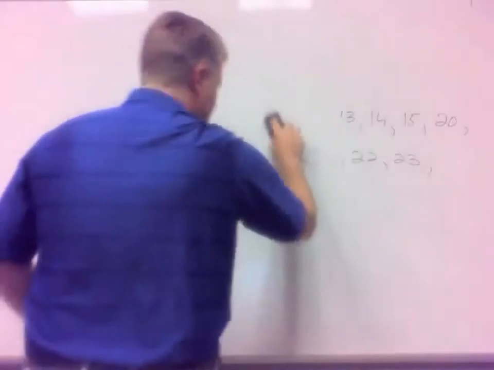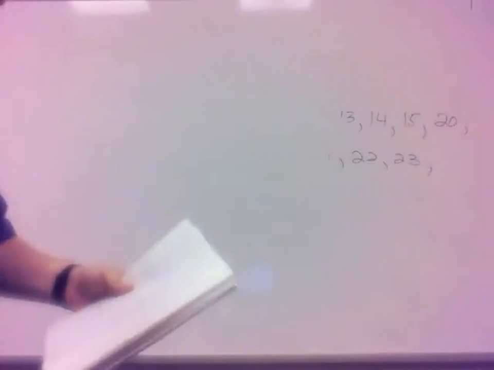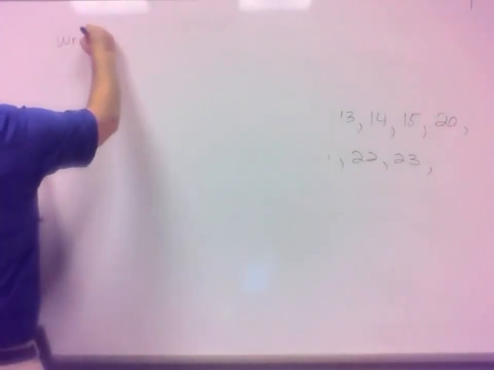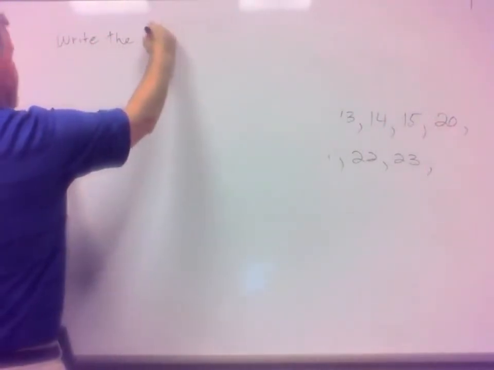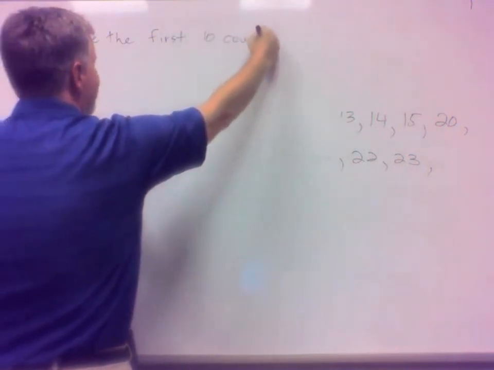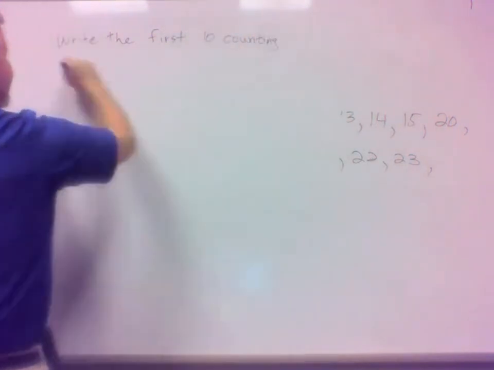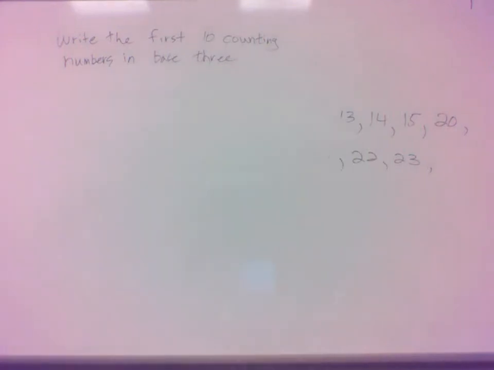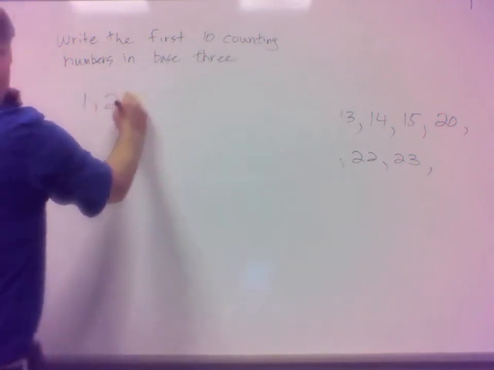I think this is... All right, let's write the first 10 counting numbers in base 3. Yeah, counting numbers start at 1. I mean, we can start at 0, but technically counting numbers start at 1. So yeah, we just have 1 and 2.